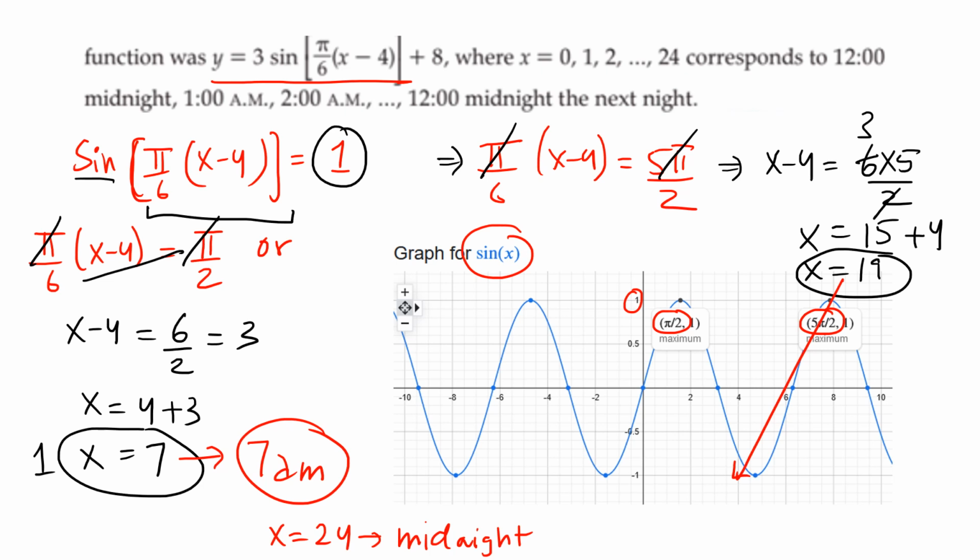So at x equal to 7, it is 7 a.m. At x equal to 19, 12 plus 7 means 12 more hours. So 12 more hours will give you 7 p.m. So the two times at which the maximum depth occurs are 7 a.m. and 7 p.m.